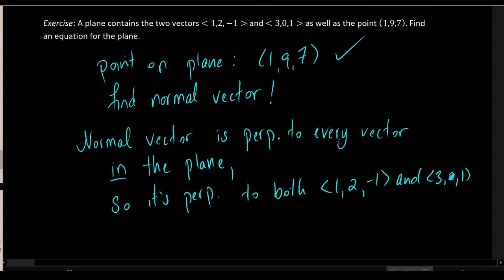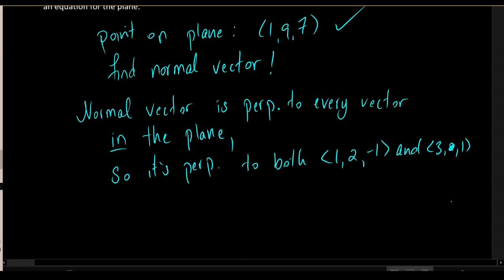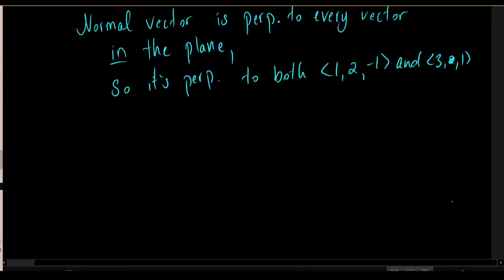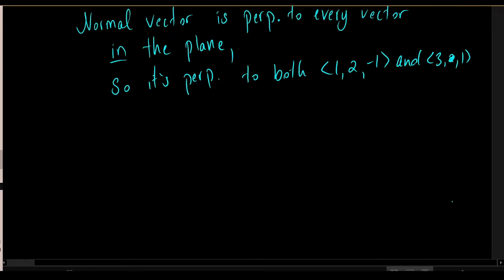Now think back. What tool have we introduced that gave us a way to find a vector which was perpendicular to two given vectors? We could find such a vector by taking the cross product.